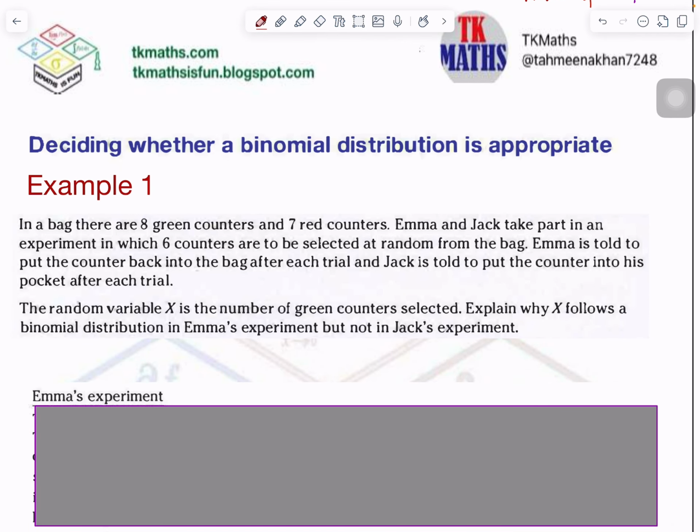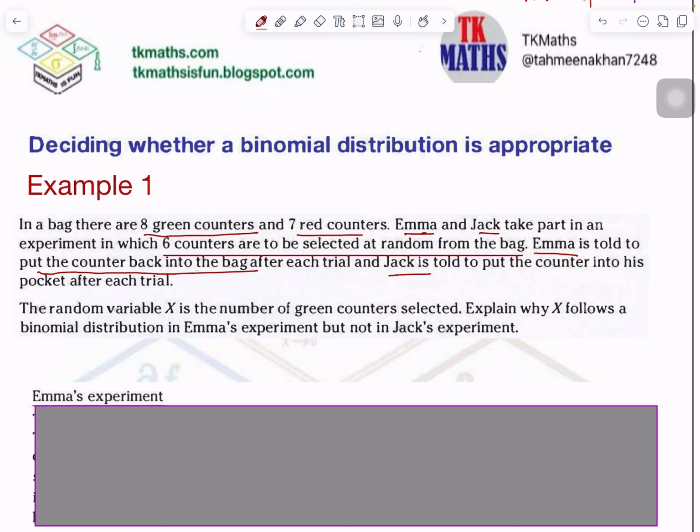In a bag, there are 8 green counters and 7 red counters. 2 people, Emma and Jack, take part in an experiment in which 6 counters are to be selected from the bag. In Emma's situation, she is told to put the counter back into the bag. So she looked at the counter once she picked it out, and then she put it back, and every time she does the same thing. But what is Jack supposed to do?